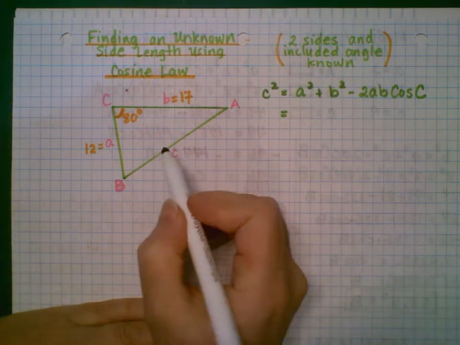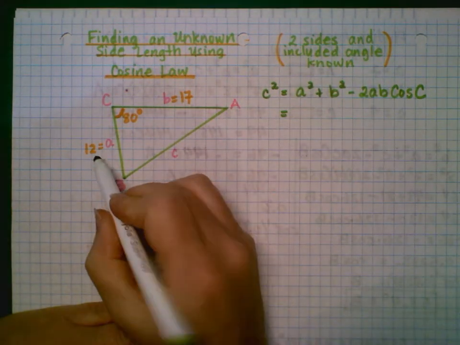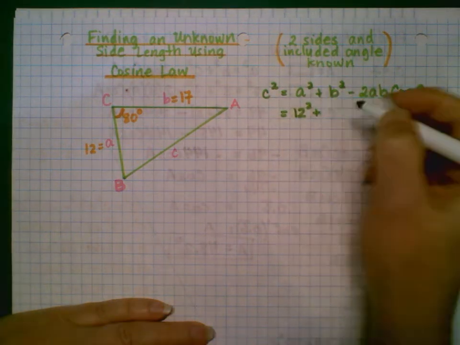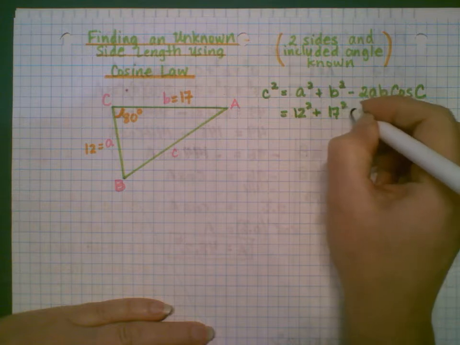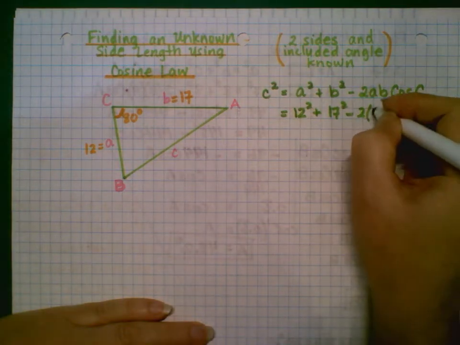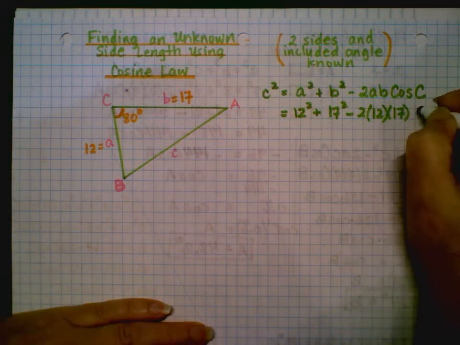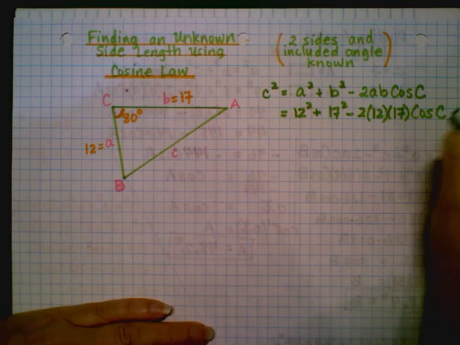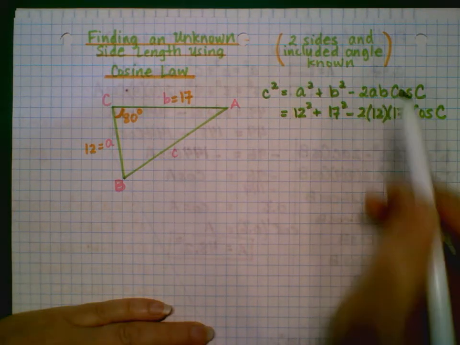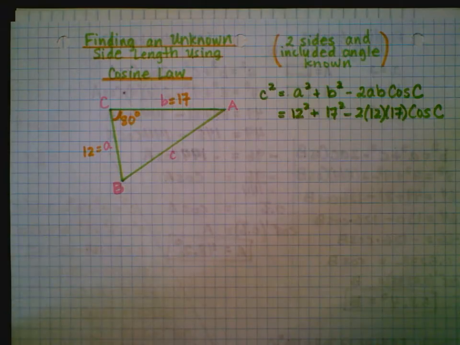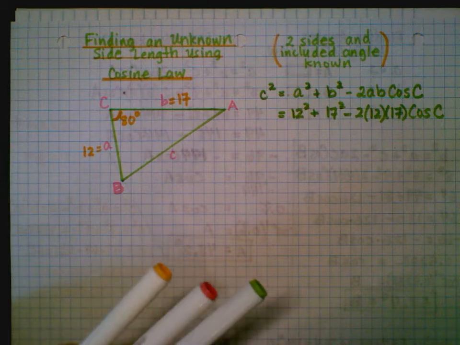And then I'm going to sub in the values that I know. So I know that A is 12, B is 17. You'll notice that I'm using brackets when I do that substitution for A and B. It's a good idea to use brackets just to remind yourself that there is a multiplication going on there.